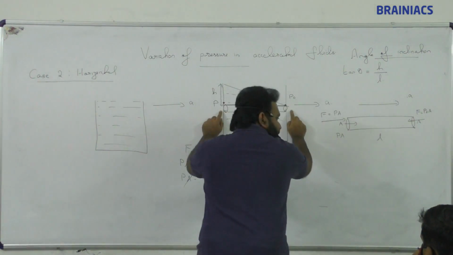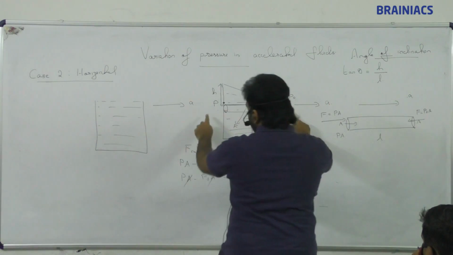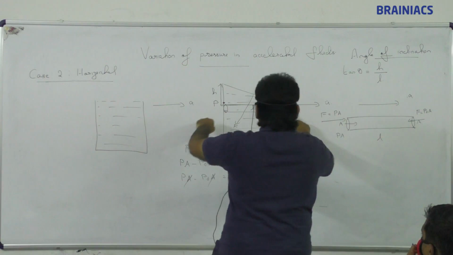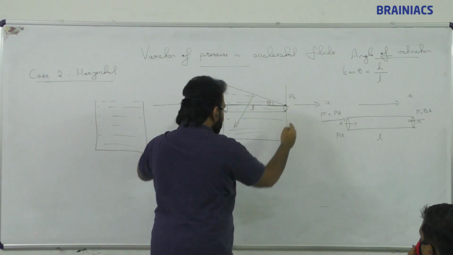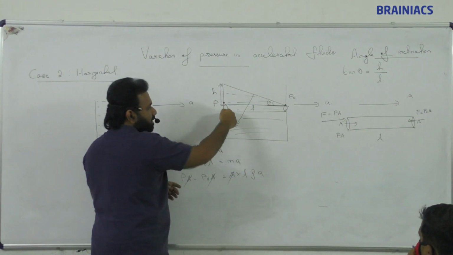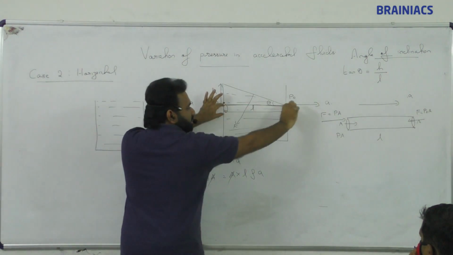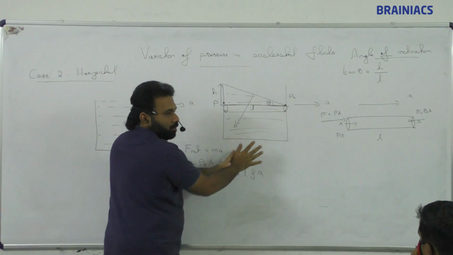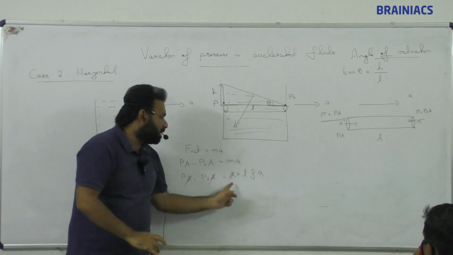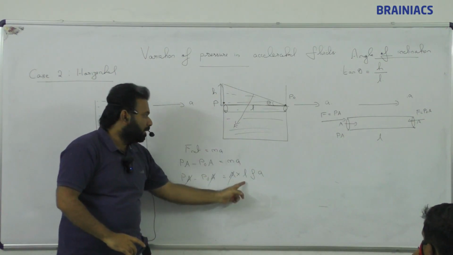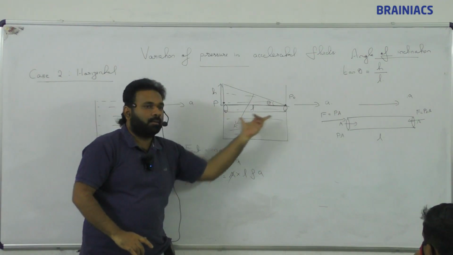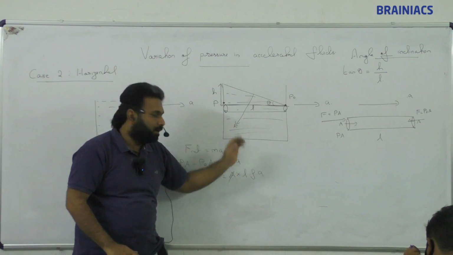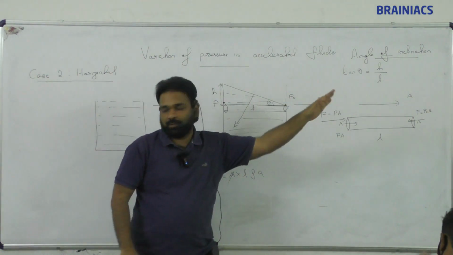This is the column. P into this area, P naught into this area. The mass is this area into this length, into rho, the density of this liquid, not full, not H. This is area A, this length L, into rho, the liquid density, into A, the acceleration.